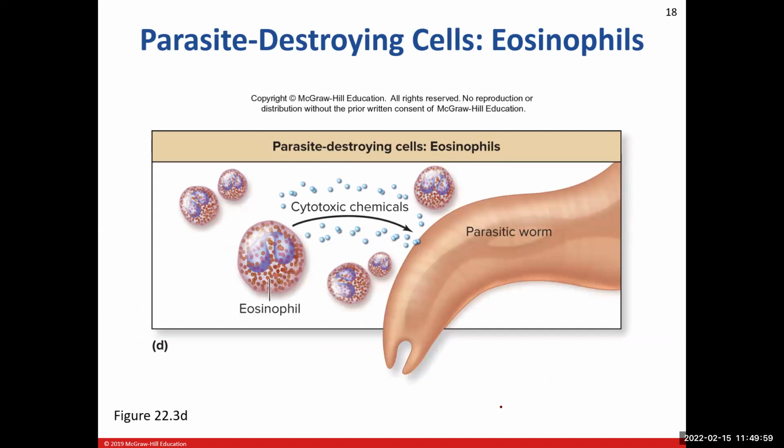So here you can see the eosinophil doing what it does best, releasing the cytotoxic chemicals, creating those transmembrane pores, and then pouring those dangerous cytotoxic chemicals into whatever it is attacking here. In this case, it's a parasitic worm, and destroying that worm.